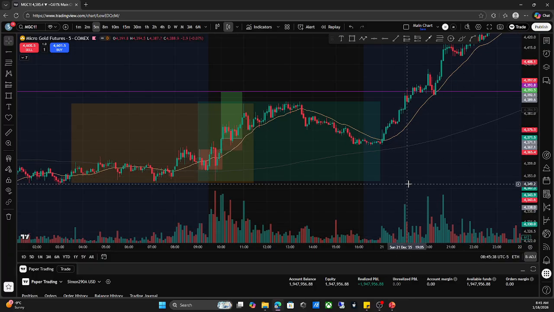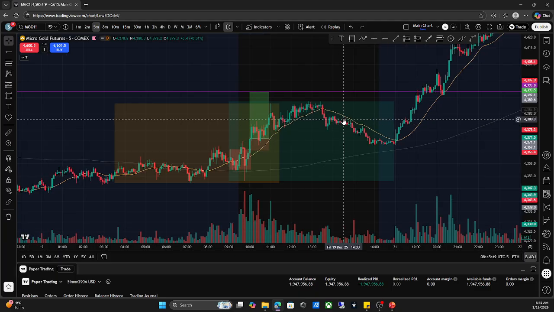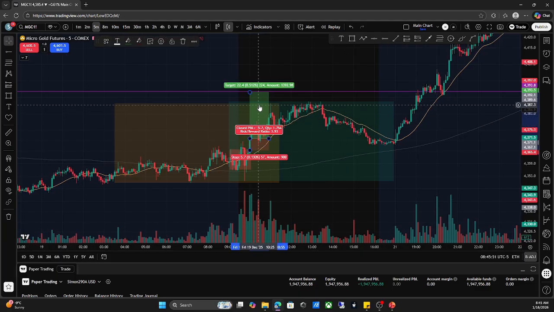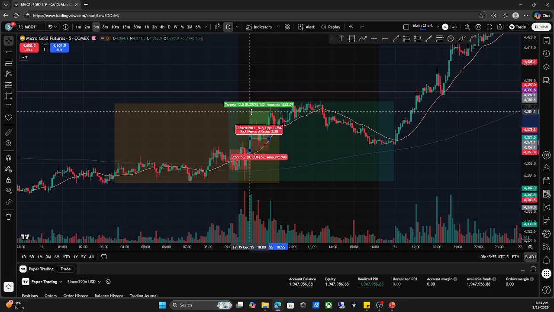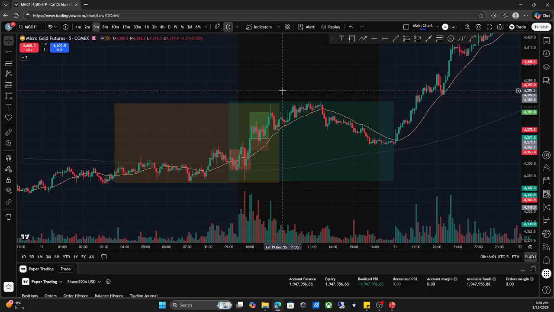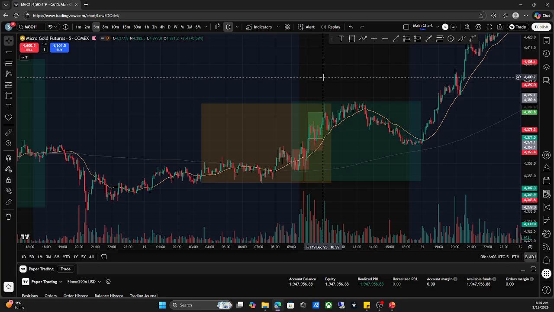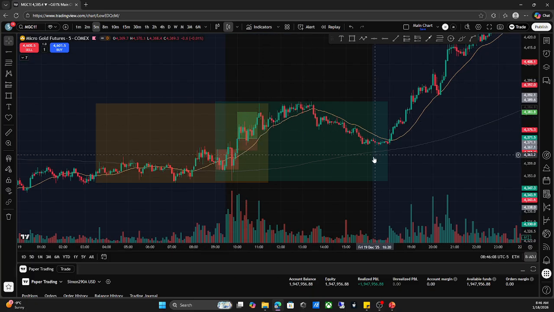But in futures, you're not allowed to do that. This is outside trading hours. The market closes here, so you're not allowed to do that. That's why we need to set our take profit to be achievable within the trading hours.